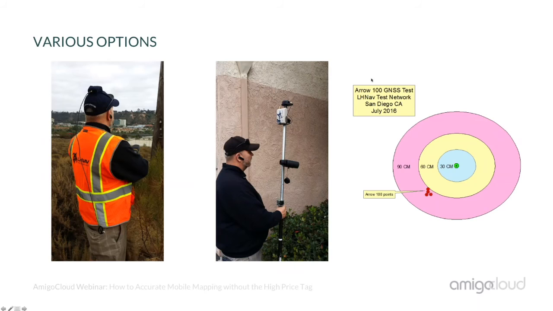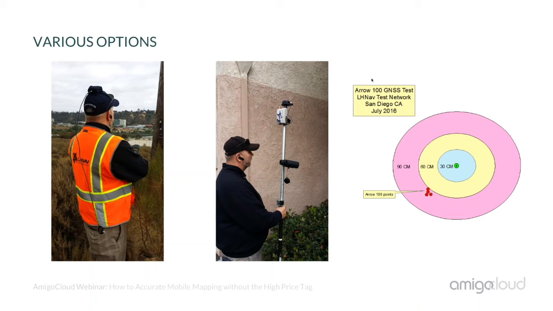Here we have Brian going out and showing some of the Arrow units and some of the Trimble units paired with different configurations. I think that's the Arrow 200 that will give you something in the centimeter range, right? They're so lightweight, you can put them in a pocket. Sometimes some people like to put them on poles. You may also want to integrate with some sort of laser rangefinder.